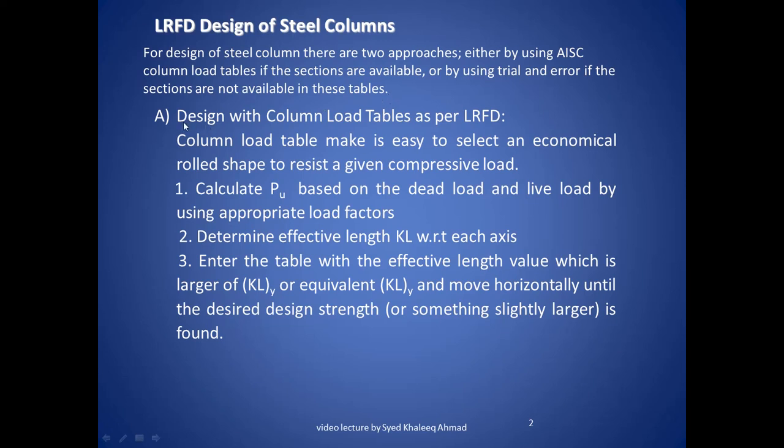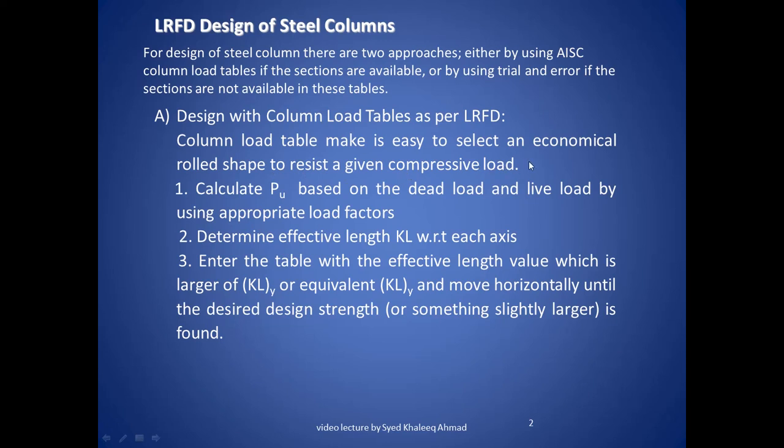First we will discuss design with column load tables as per LRFD, which is AISC Table 4.1. Column load tables make it easy to select an economical rolled shape to resist a given compressive load.